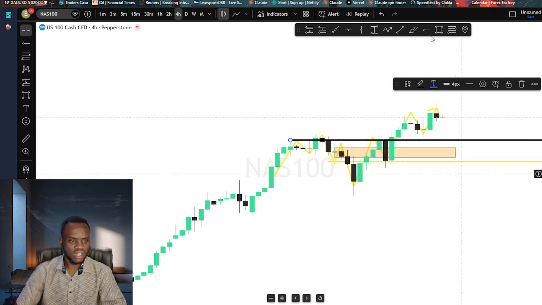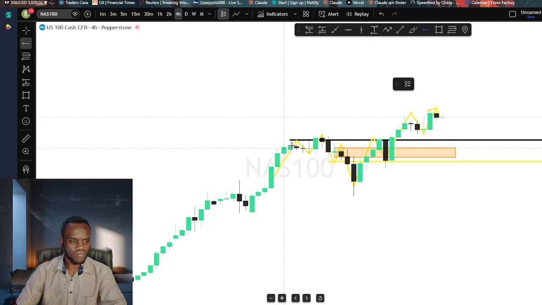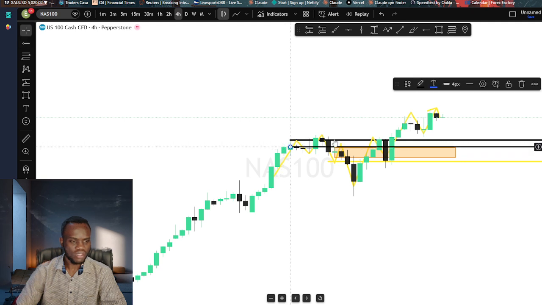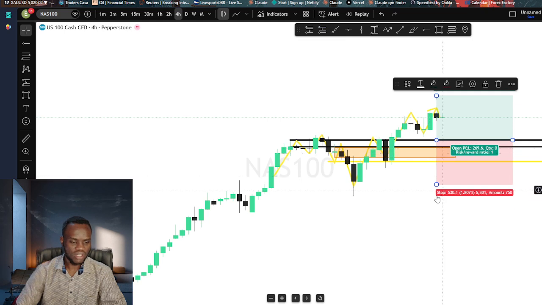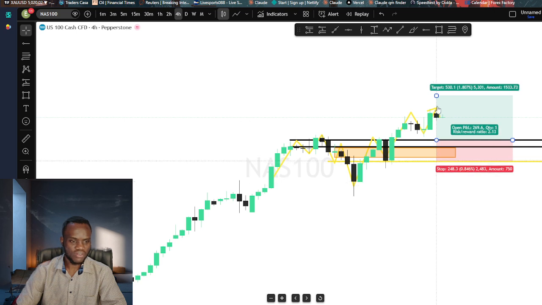And we can see also this level here. So market may come and we buy around here. We continue buying around this zone, because it's a support zone, and we shall be waiting for a retest of that level to continue pushing further up.